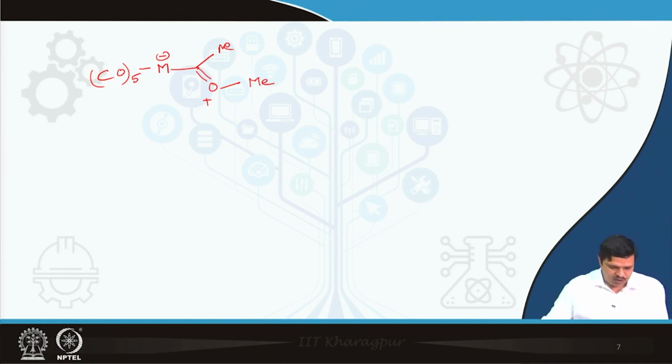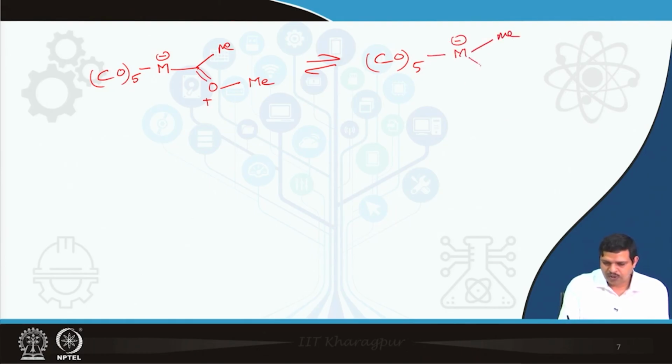Here you will see carefully that two types of geometrical isomers are possible. This is one, and any idea which one is the other? You can guess it. You see the double bond character between the carbon and oxygen, so then you will realize which one will be the other geometrical isomer.